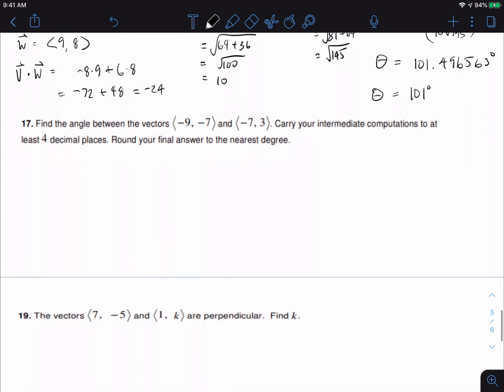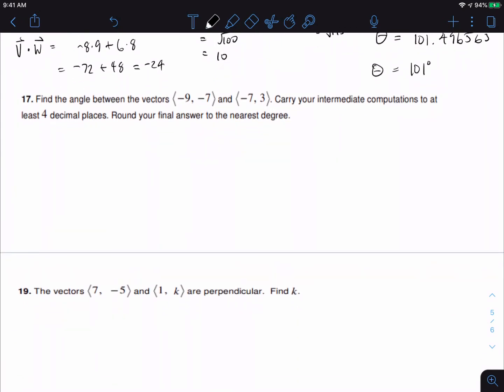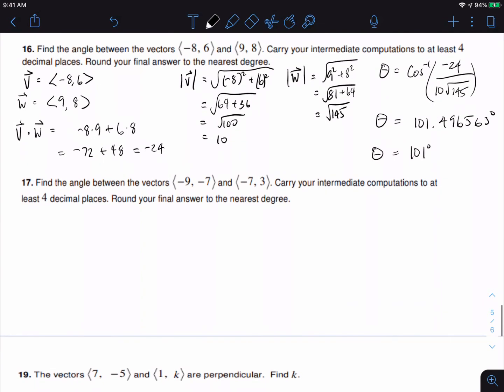Okay. Do you guys want to try number 17? See if you can do it? Yeah, okay. Try 17.